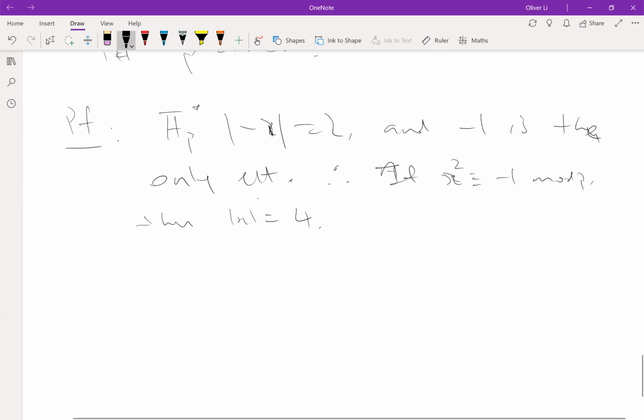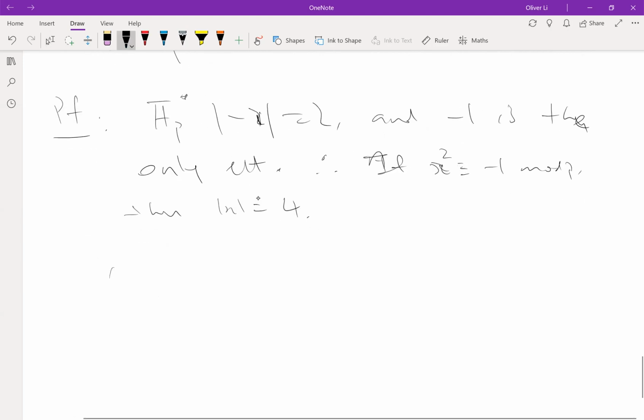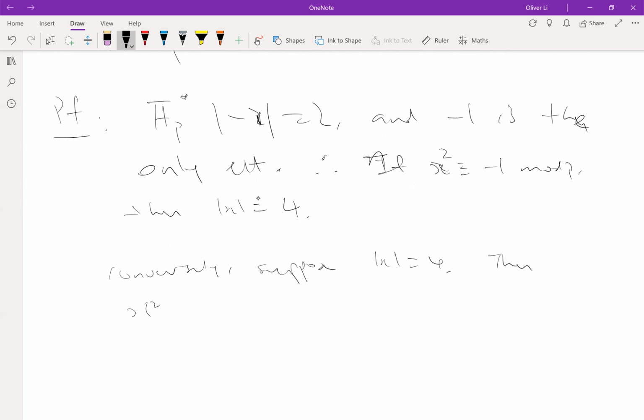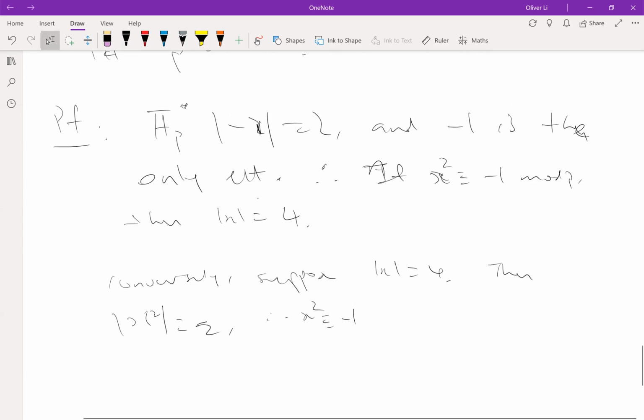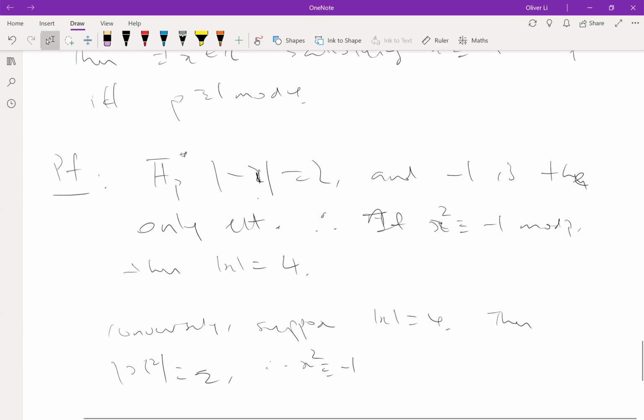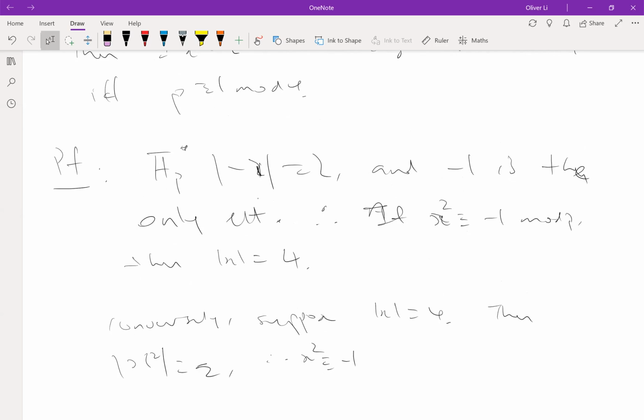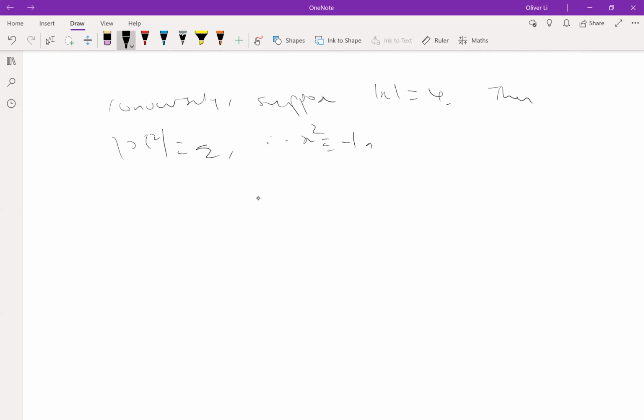Now the other direction, conversely. Suppose x has order 4. Then the order of x squared would have to be 2. Therefore x squared is equal to -1, because -1 is the only element of order 2.